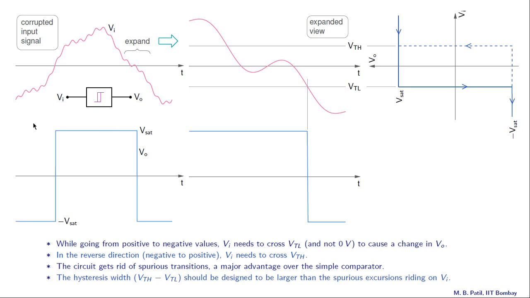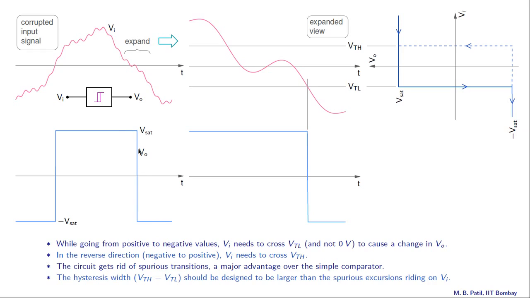Let us now see how replacing the comparator with a Schmitt trigger helps in this situation. So here is our corrupted input signal, same as in the last slide. And now this Schmitt trigger gives us only one transition, and let us try to understand how that is possible.